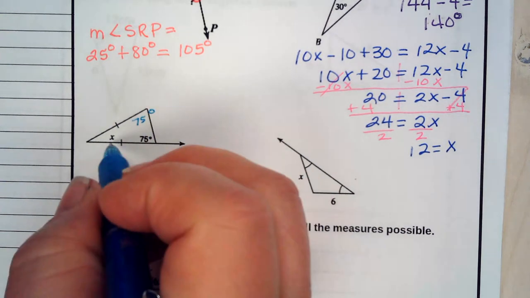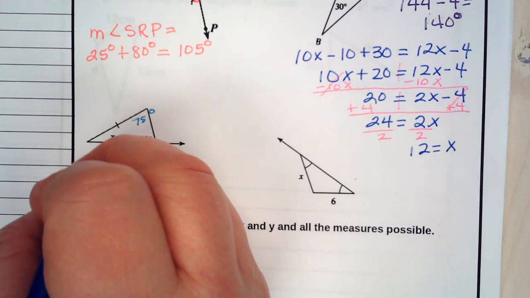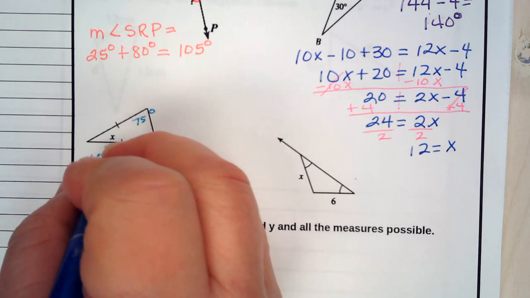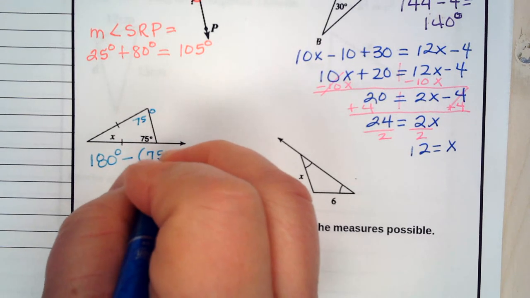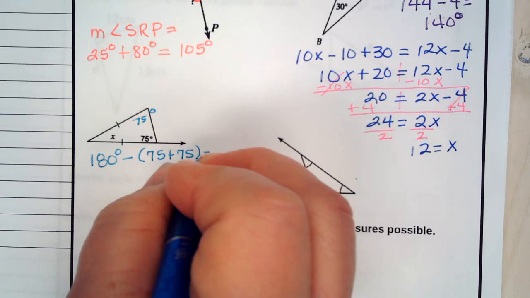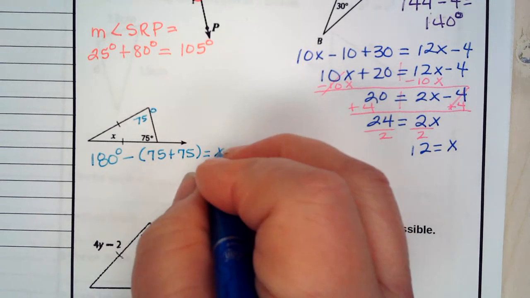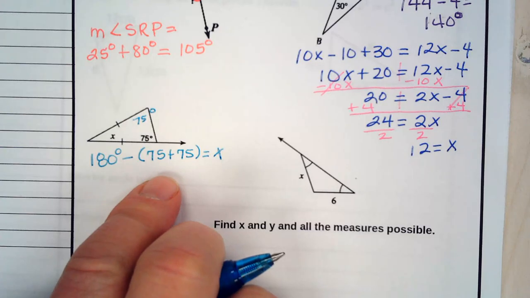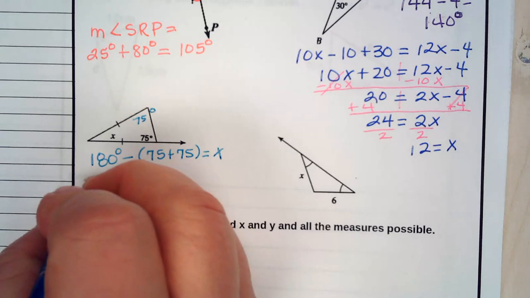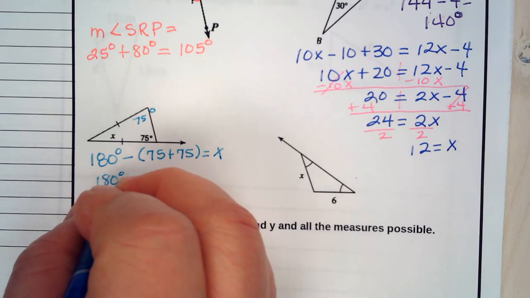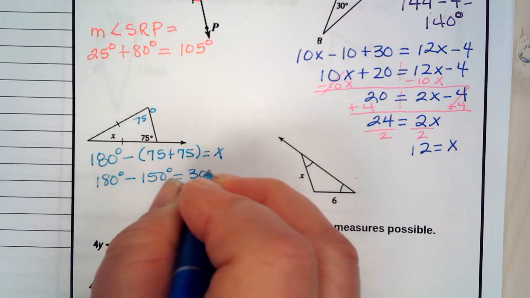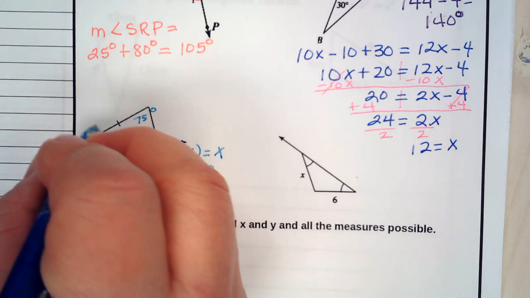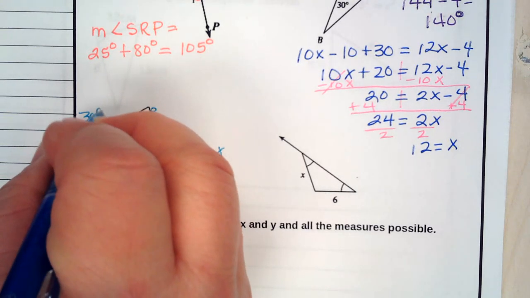So, to find x, we will take 180, that's your triangle sum theorem, minus 75 plus 75 is equal to x. Okay, 75 and 75, if I've got all those quarters, I've got $1.50. 180 degrees minus 150 degrees is equal to 30 degrees. So this angle here is 30 degrees.